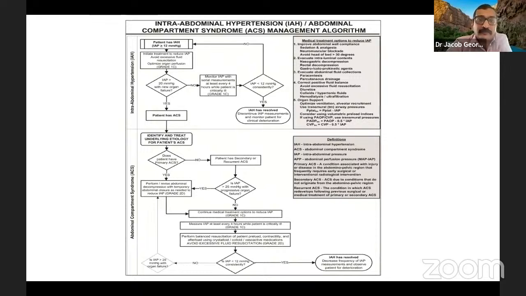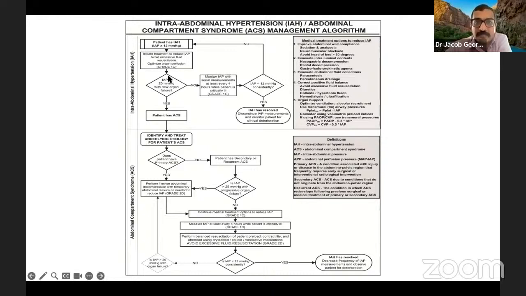So coming to my second last slide, whether you have intra-abdominal hypertension or abdominal compartment syndrome, it's always better to have an algorithmic approach to these patients. Now, if you have a raised intra-abdominal pressure, you should try to reduce it as early as possible. You should try to reduce your fluid resuscitation and optimize organ perfusion.